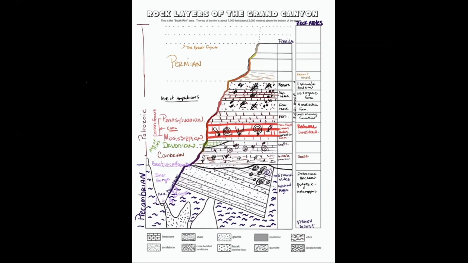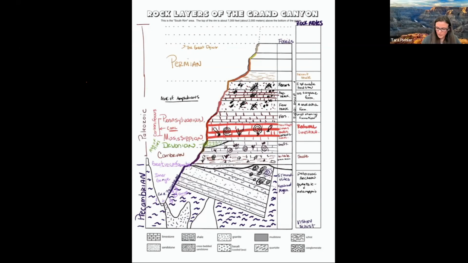Here we will have ferns, some animal tracks and plants. So we can draw some more ferns, and we'll draw our little animal tracks around here.